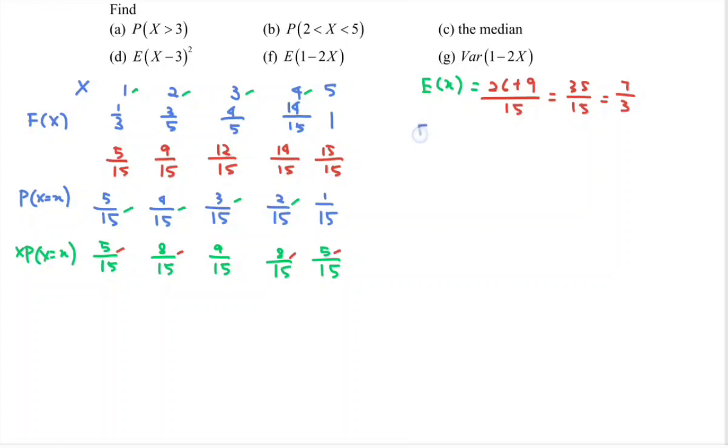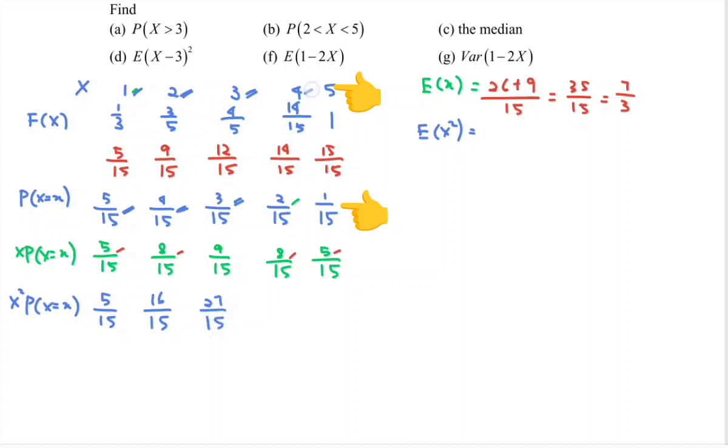Next is to find E of x squared. So repeat the same thing, x squared multiplied with the probability. We have to square this part and then multiply with this part, and we will still have 5 over 15. Continue, 4 multiplied with this part and we will have 16 over 15. 9 multiplied with this one, we will have 27 over 15. 16 multiplied with 2, 32 over 15.